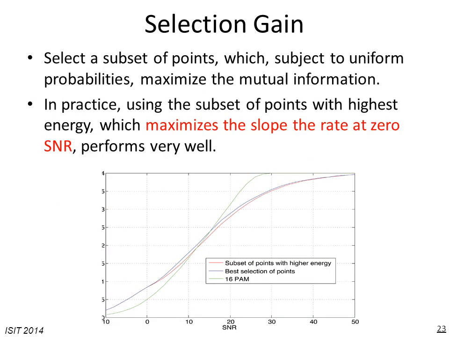So our discussions so far have been based on a transmitter that blindly selects one of the possible channel states to communicate a certain bit pattern to the receiver.